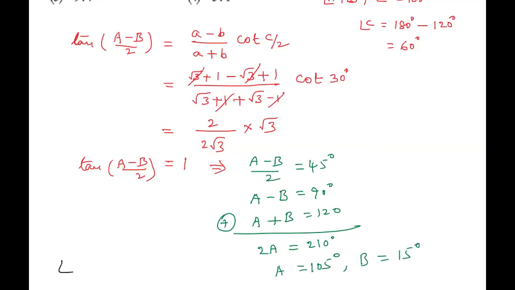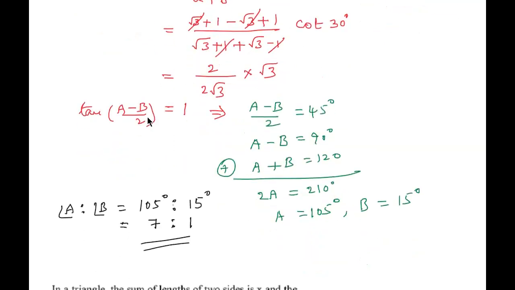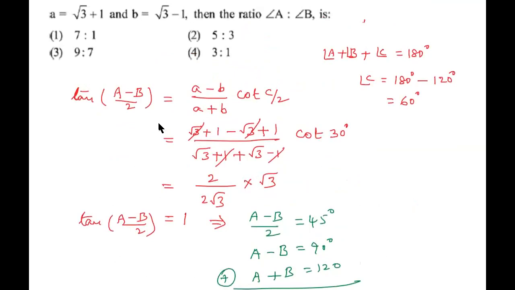But they are asking angle A to angle B, that is 105 degrees to 15 degrees. Now see the calculation: 15 sevens are 105, 15 ones are 15. So finally the answer is 7:1.